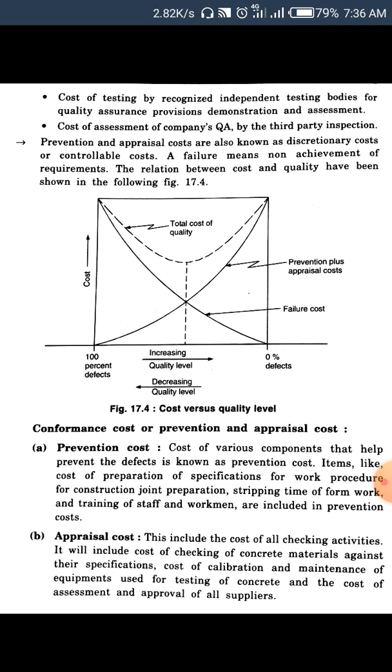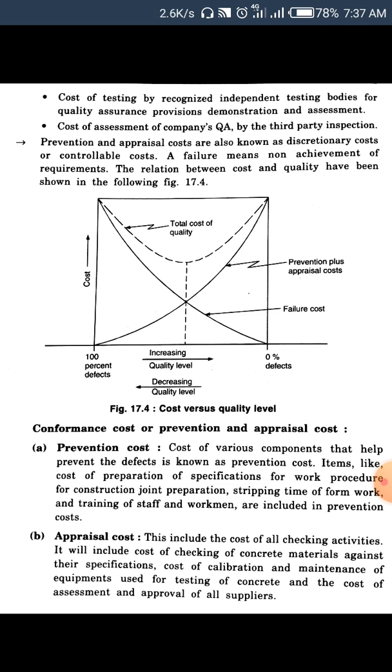So here one chart is given. This chart shows the cost versus quality level. Cost is on the vertical axis, and quality level is on the horizontal axis. So here the total quality cost gives a graph in the form of a curve.